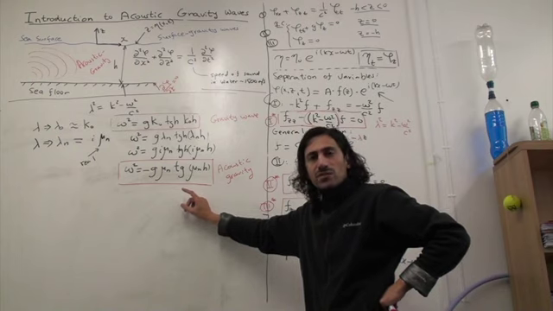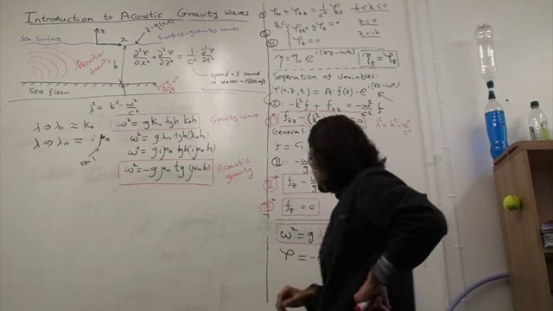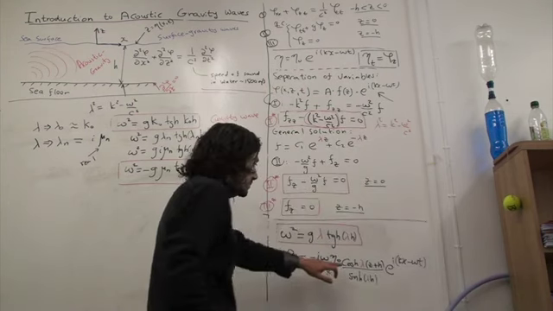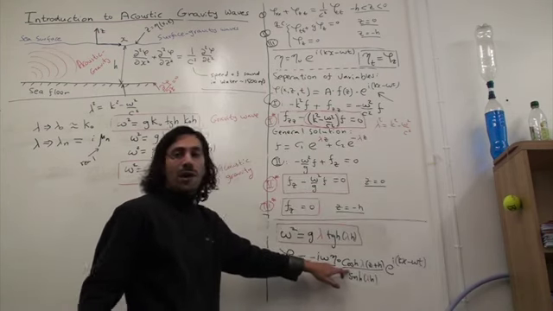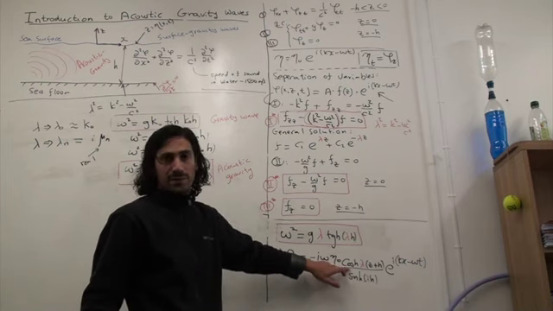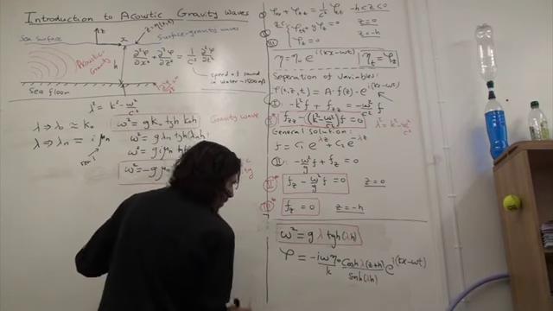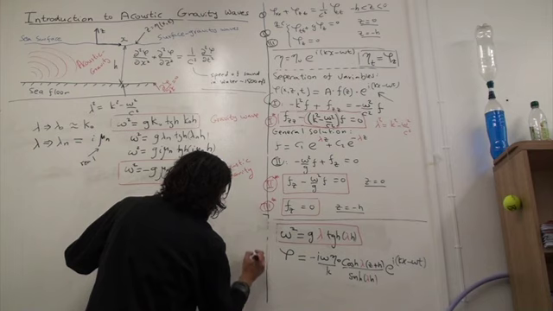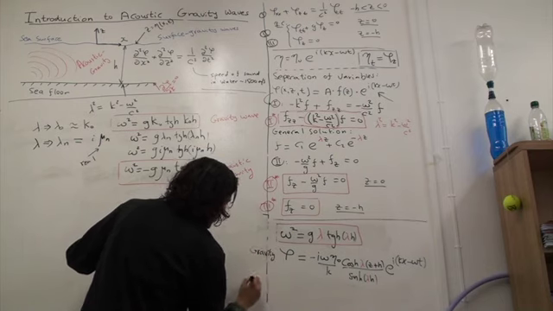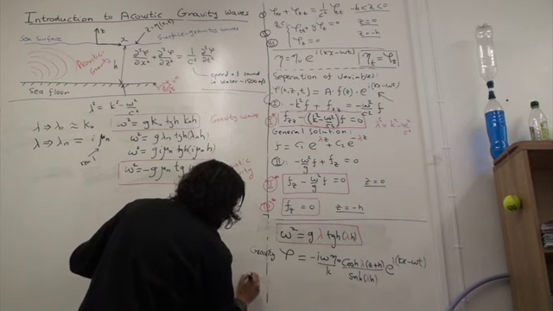It is just tangent, which means you have an oscillatory function now in depth. So if you go back here, you won't have a hyperbolic cosine. What you will have is a cosine. So if I rewrite this now, this is for gravity, and now we write for acoustic gravity.